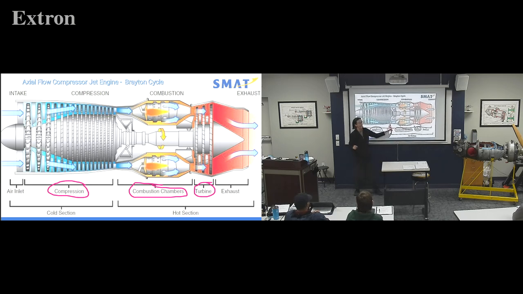So the outlet of the compressor, or you may hear it called the inlet of the combustion or burner section, is the greatest pressure in our turbine engine. That is something you're going to be quizzed on, tested on.